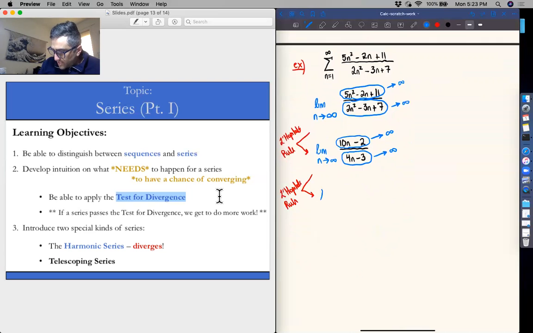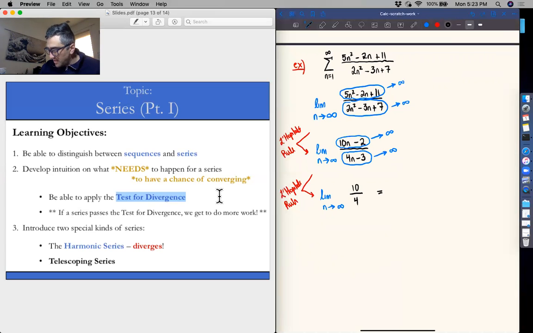We're still taking the limit as n goes to infinity. Again, that limit is really asking what do those terms far out in that series look like? By doing L'Hopital's and taking the derivative of that numerator, we just have a 10. Taking the derivative of that denominator, the 4n minus 3, we just get a 4. And we see this is just some constant number, no more n's attached.